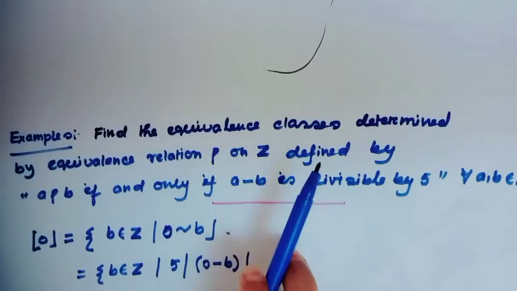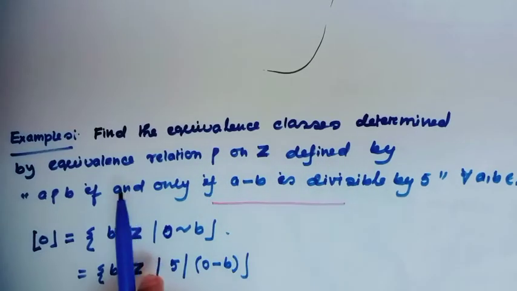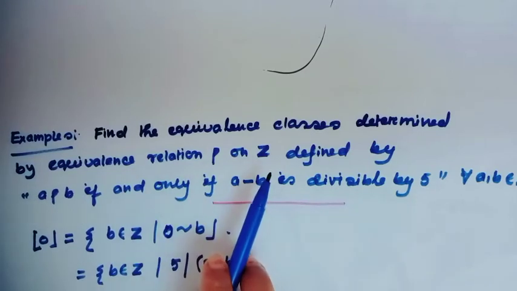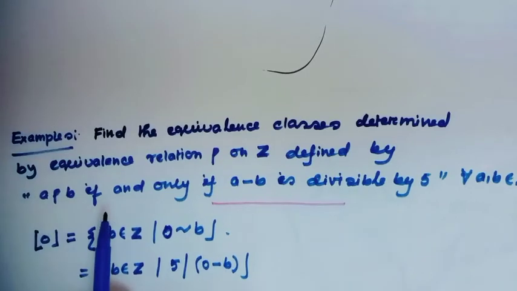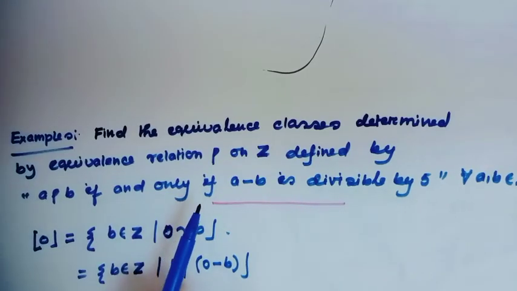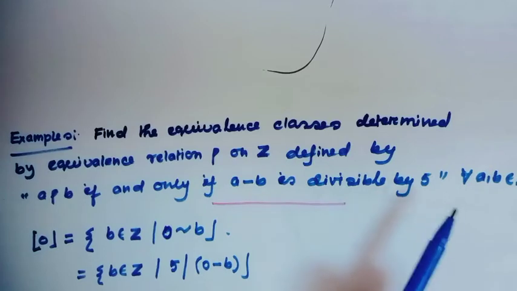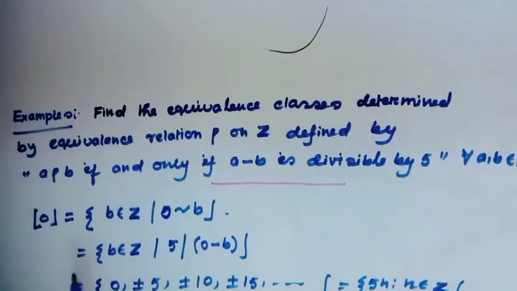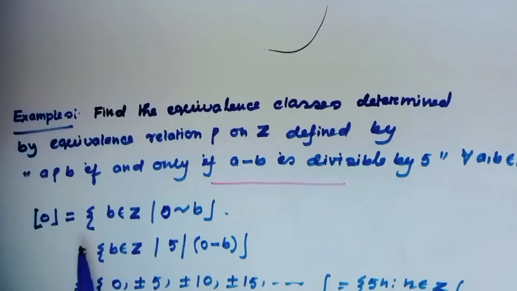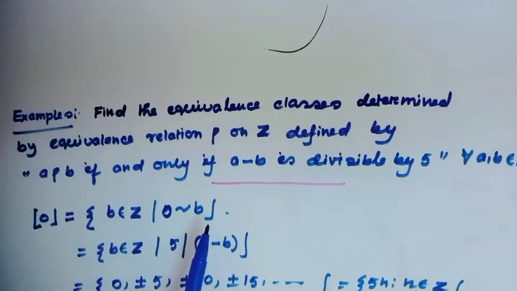Okay? Well, let's see an example of equivalence classes. Find the equivalence classes determined by the equivalence relation ρ on Z, which is defined by a ρ b if and only if a minus b is divisible by 5 for all a, b members of Z. Let's see class of 0. What is class of 0? The set of all b in Z such that 0 is related to b.